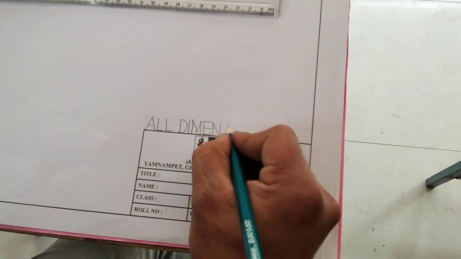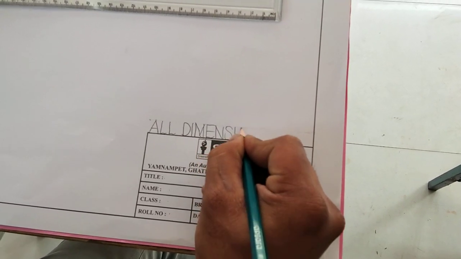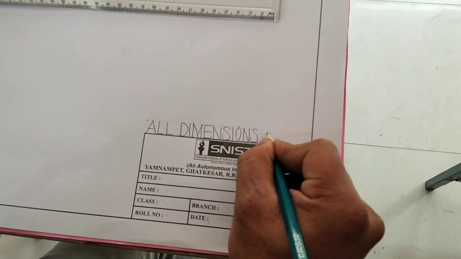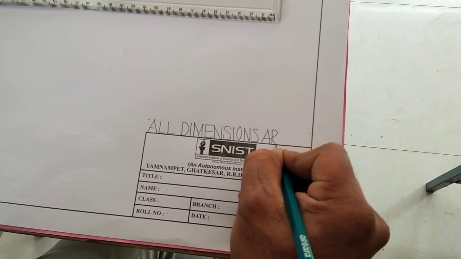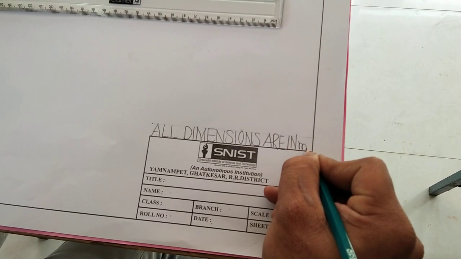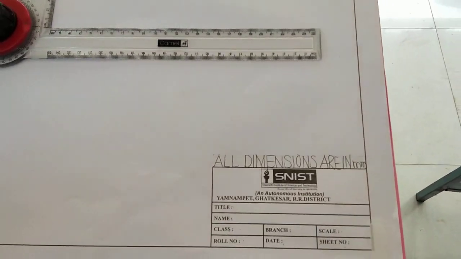The gap between the guidelines, 1 centimeter, is enough. All dimensions are in mm, small letters, only mm in small letters, and the remaining letters are all capital letters.